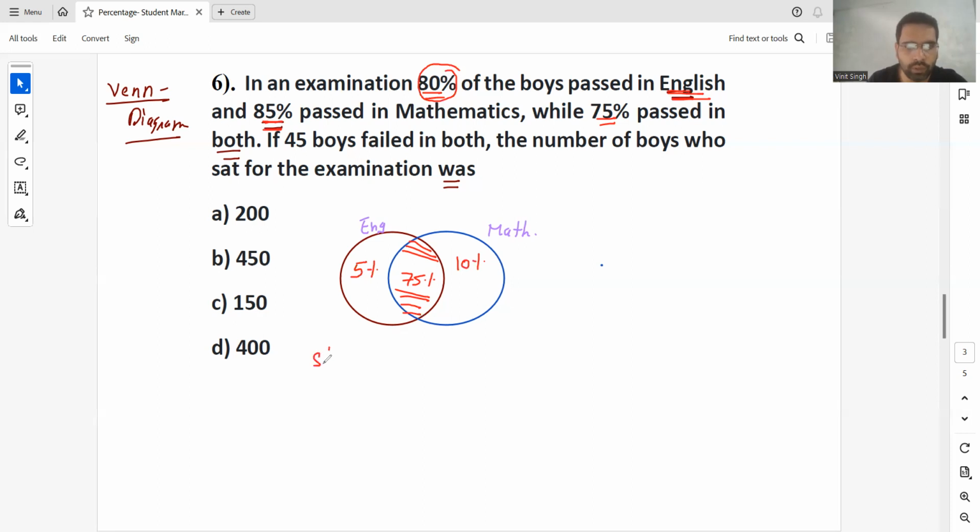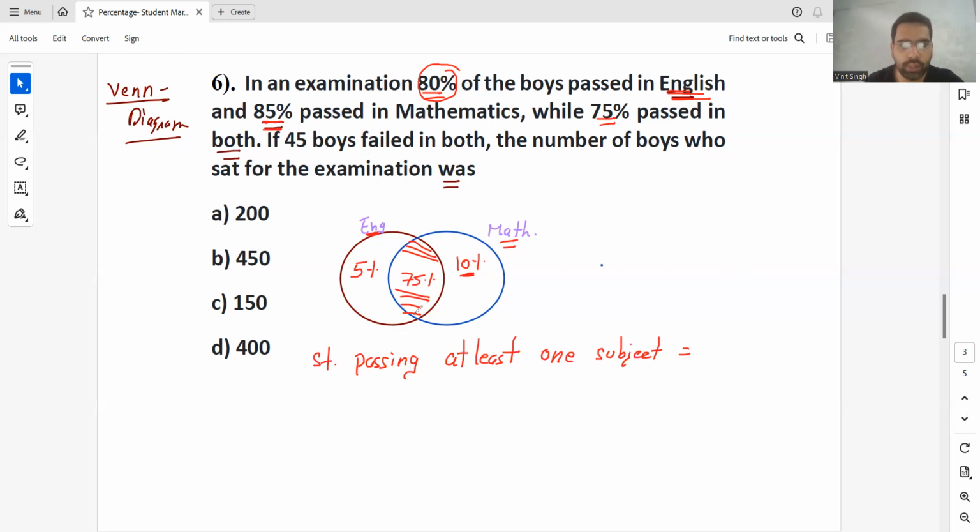So students passing at least one subject. Now, 75% are those students passing in both subjects. 5% are those students who passed only in English. 10% are those students who passed only in mathematics.